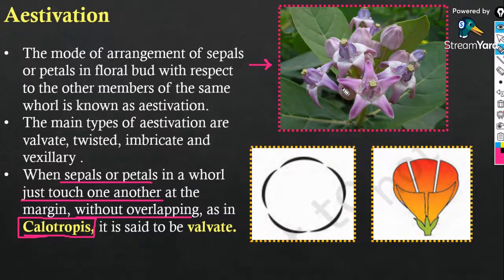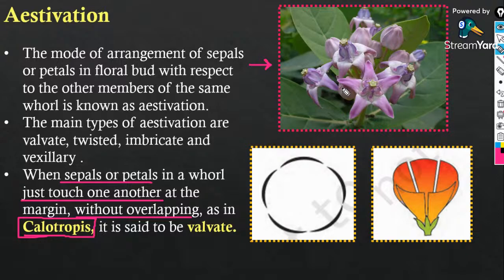Have you seen this calotropis flower? In the calotropis flower, the sepals and petals are arranged, touching one another at the margin without overlapping.